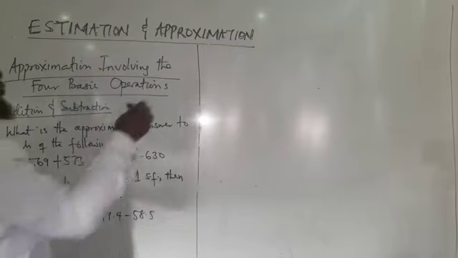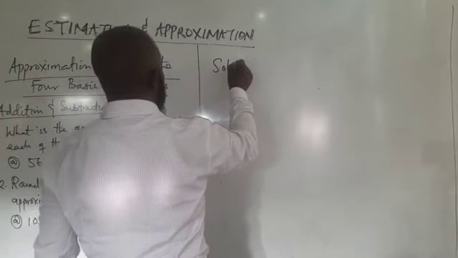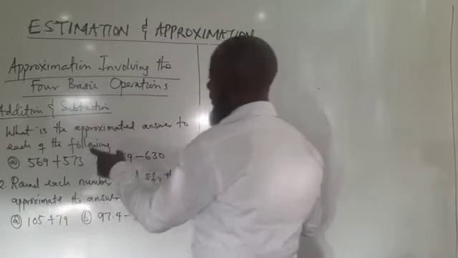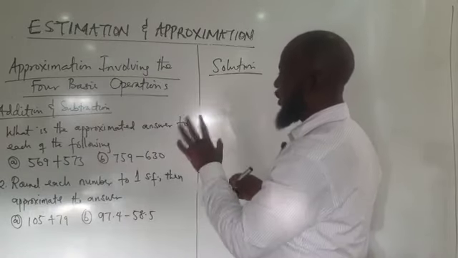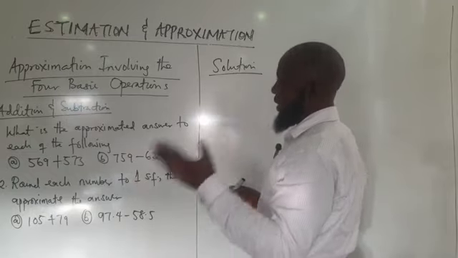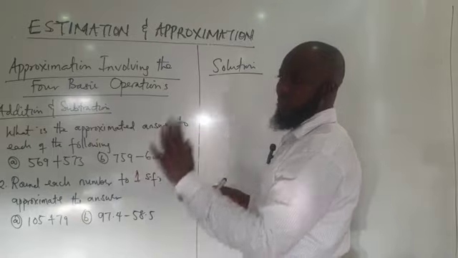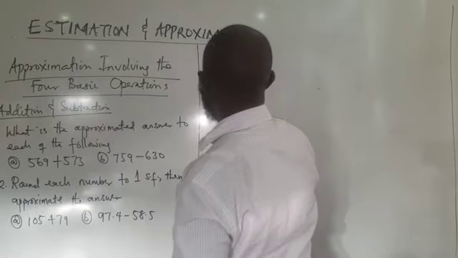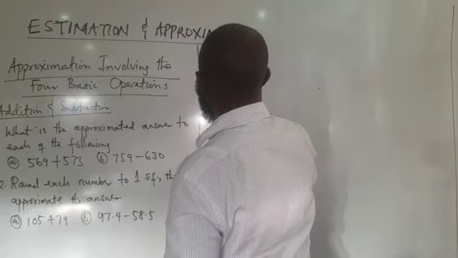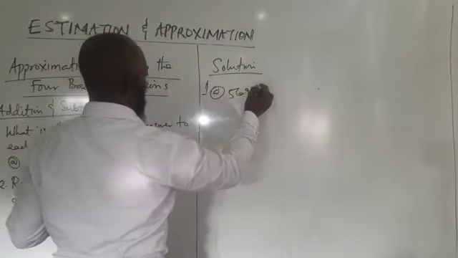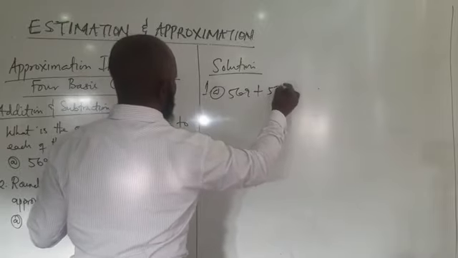So what we are going to do, the first step is that you round each number to an easy number that will be easier for you to add and subtract, that you can do without calculating anything. You can do it in your head. So what we're going to do is 1a. We have 569 plus 573.